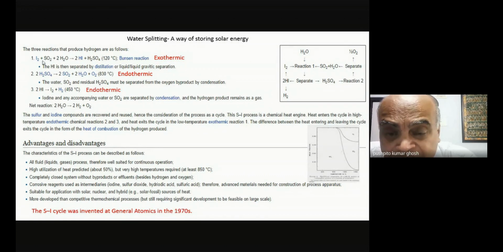That's what makes it a very nice process, because if they were all generated in a mixed state, firstly, it would be highly explosive. The hydrogen and oxygen can combine again and explode. And secondly, if I have to separate it out, there would again be an elaborate process of separation, right?